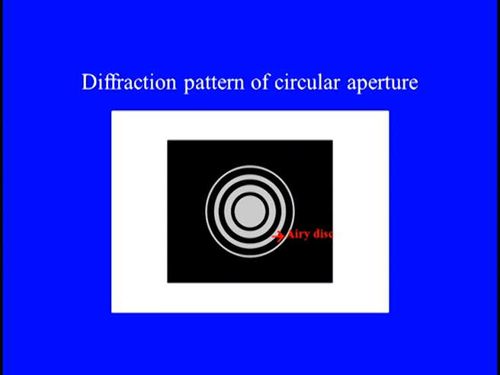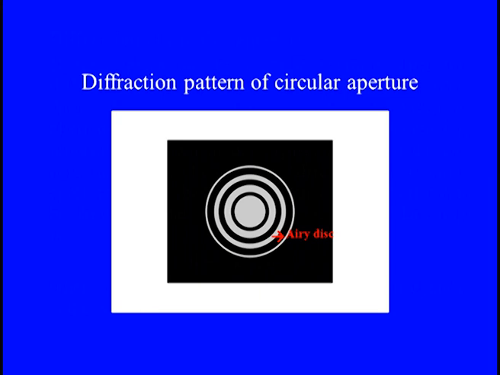I will not discuss here the detailed theory of diffraction at a circular aperture, but on the basis of theoretical calculation it can be shown that the angular radius of the first dark ring is 1.22 lambda by d, where d is the diameter of the circular aperture and lambda is the wavelength of the monochromatic light.